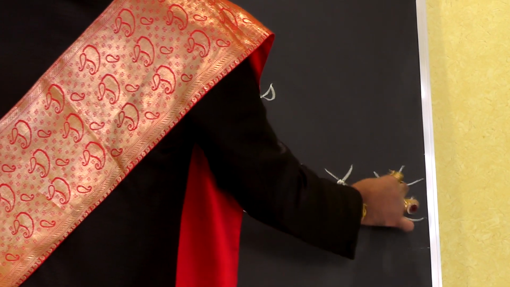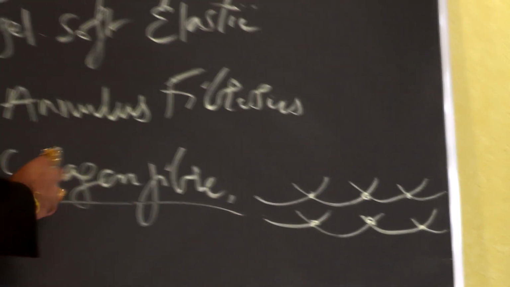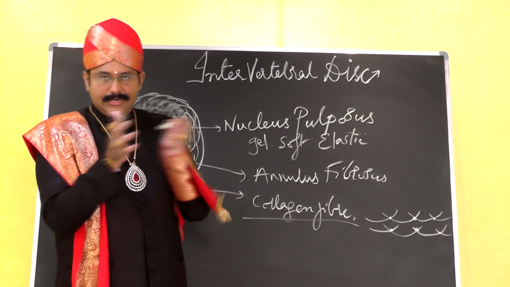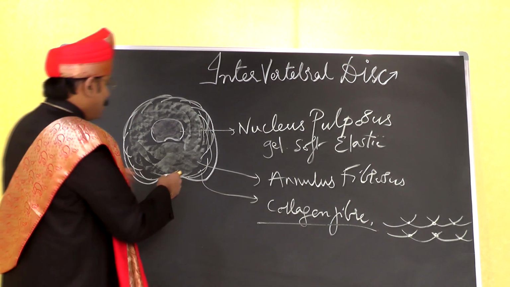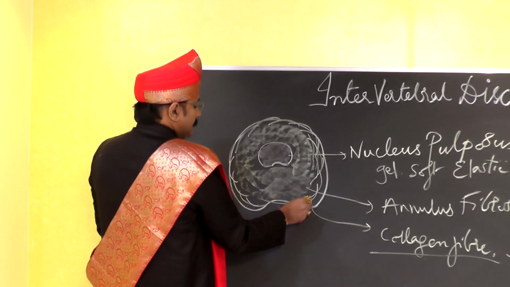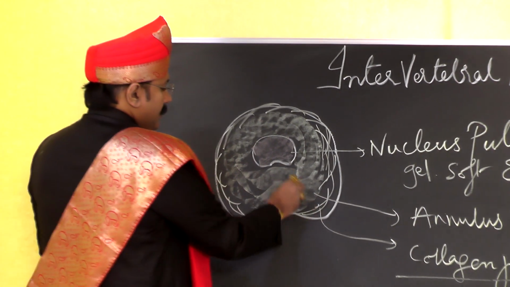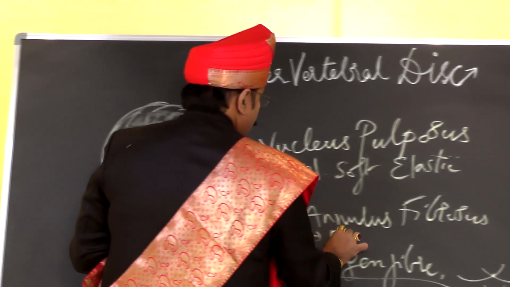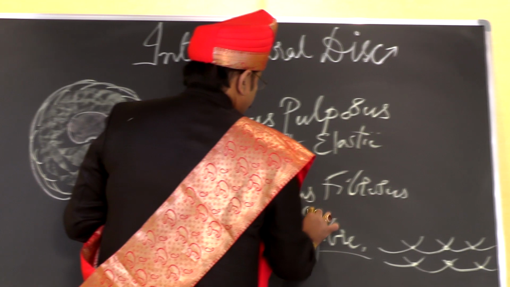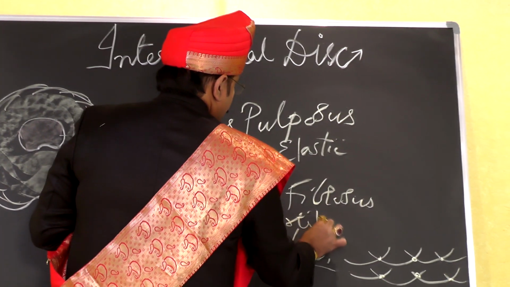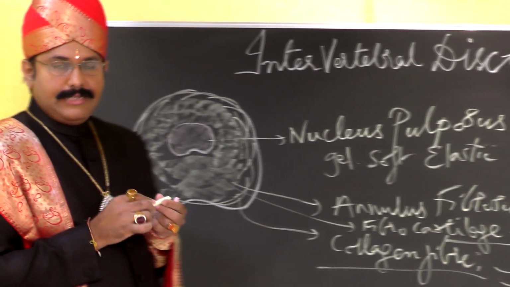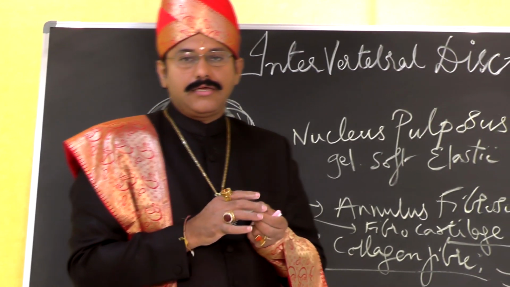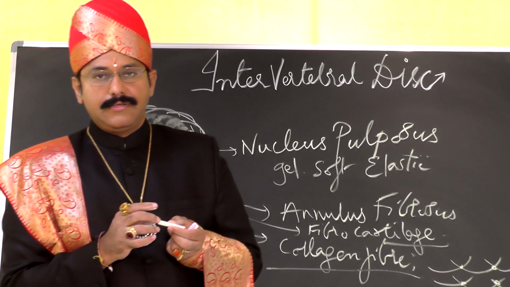These bonds are formed by the collagen fibers arranged at the periphery, the outermost zone. Between the nucleus pulposus and the collagen fibers, there is fibrocartilage present. These are also very thick and dense. They act like shock absorbers.